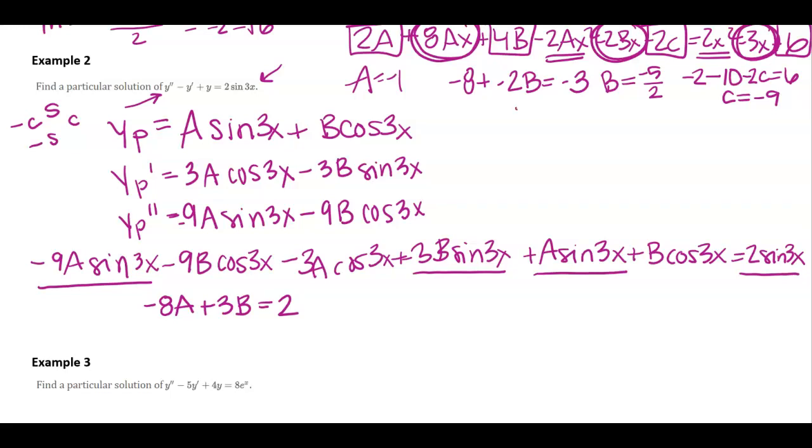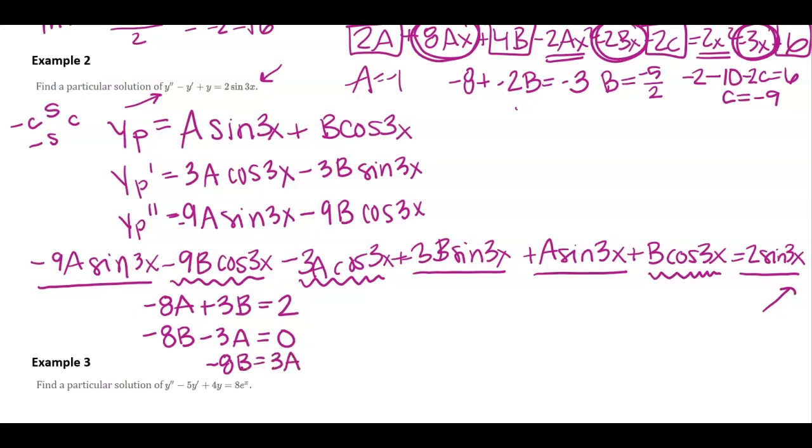All right, so let's look at cosine. Okay, and then I know that negative 8b, if I combine those, minus 3a has to give me 0 because I don't have a cosine term over here. Okay, so then negative 8b equals 3a, and so a must be negative 8b over 3.